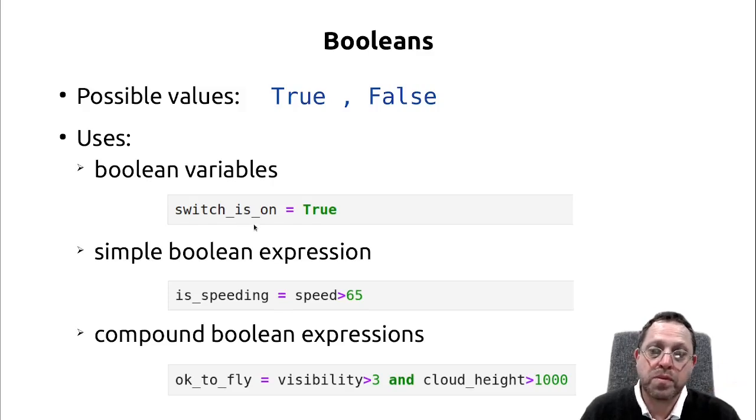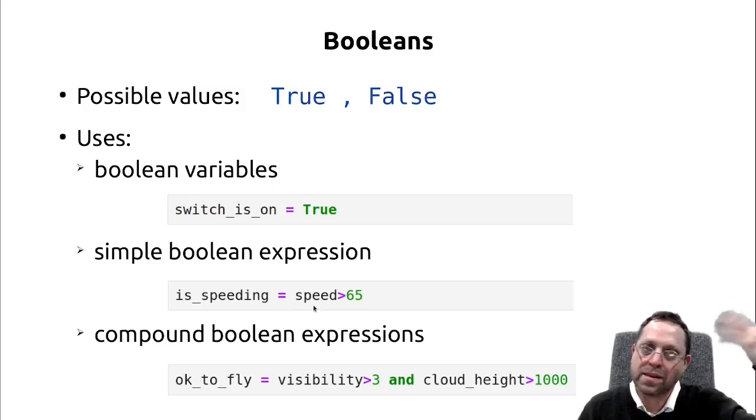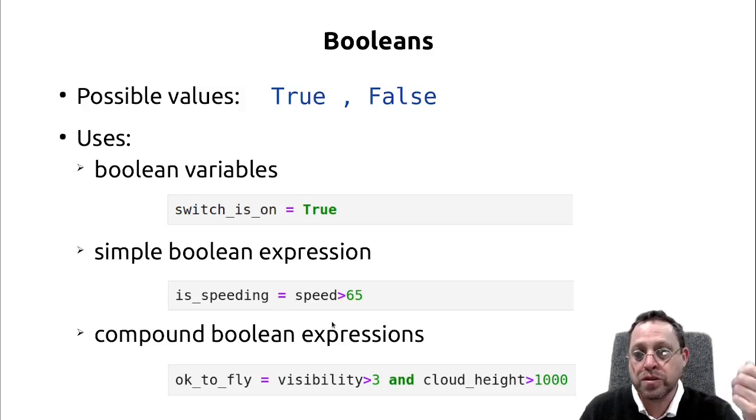We can also use Booleans to create simple Boolean expressions. In this case, I have a variable called isSpeeding, and I am assigning it the value on the right-hand side, which is a simple Boolean expression that takes a variable that is declared elsewhere called speed, and if it is greater than 65, then this Boolean expression on the right-hand side will evaluate to true, and otherwise it will evaluate to false.